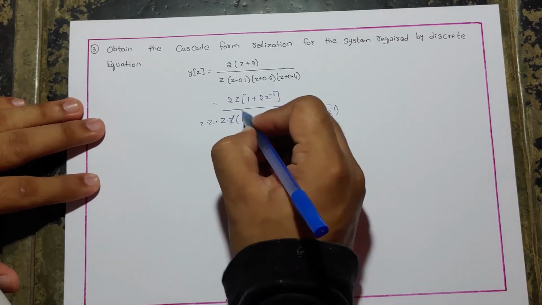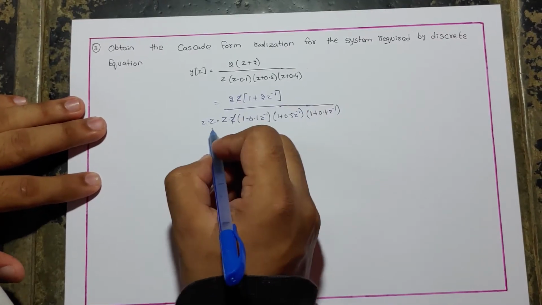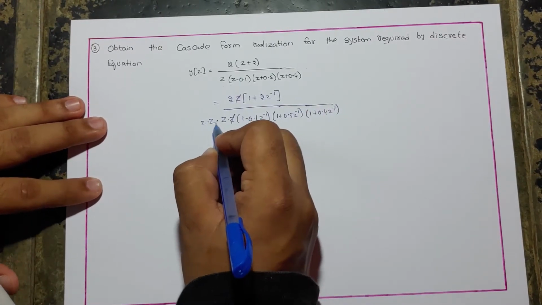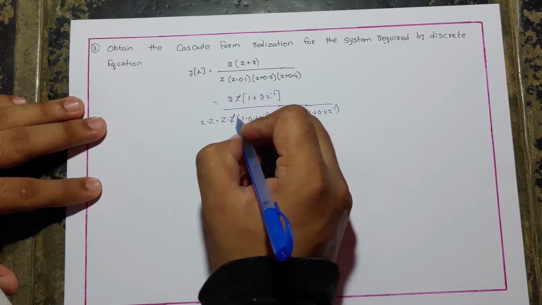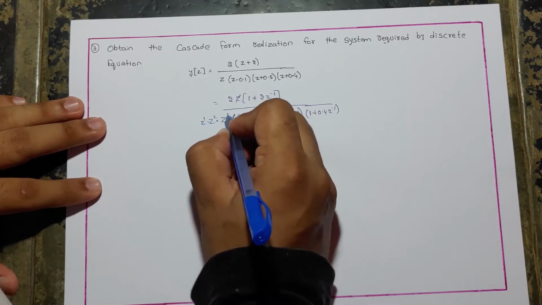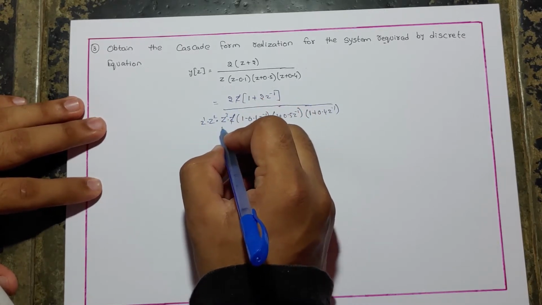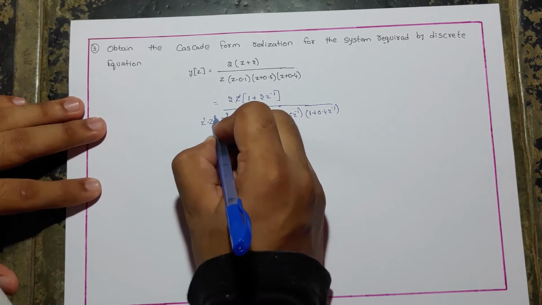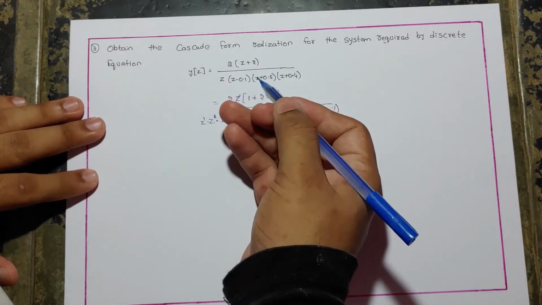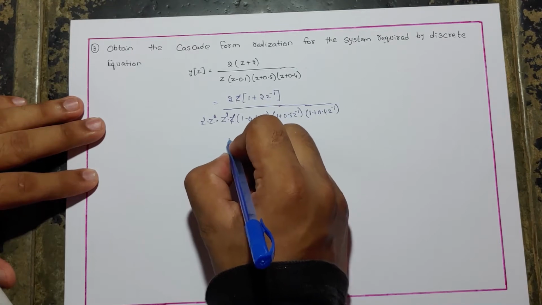Let us cancel one z with the numerator and transfer these three z, which is z power minus 1, z power minus 2 and z power minus 3. As they are in the denominator, when they are transferred to the numerator they become z power minus 3.